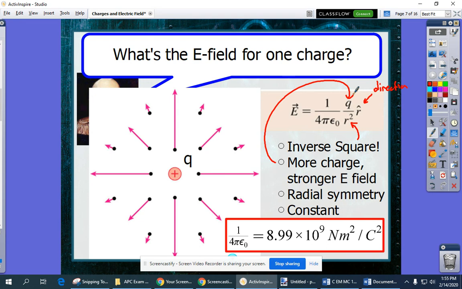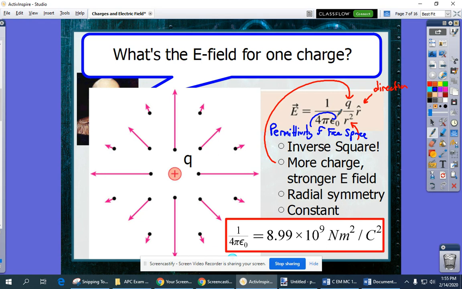And there's this new constant out front. Instead of big G for gravity, we have 1 over 4 pi. You know what 4 pi is. And epsilon naught is this new constant, which is called the permittivity of free space, which is just this universal constant of the universe, which tells us how easy it is for electric fields to spread through a vacuum.